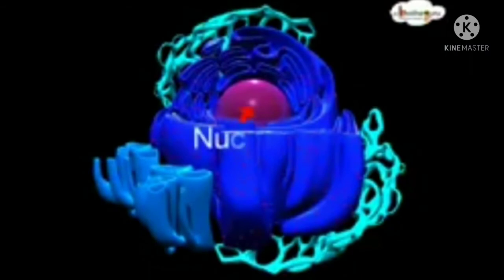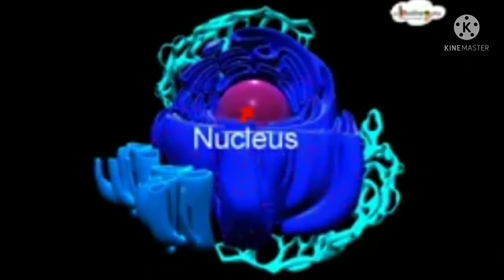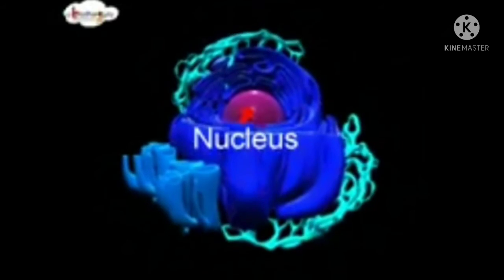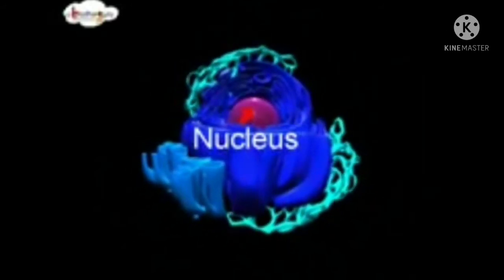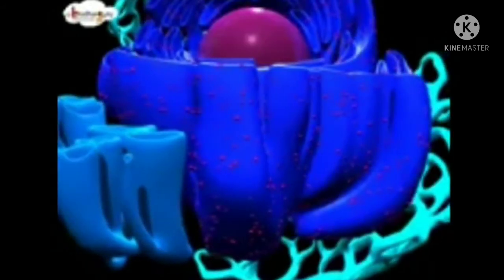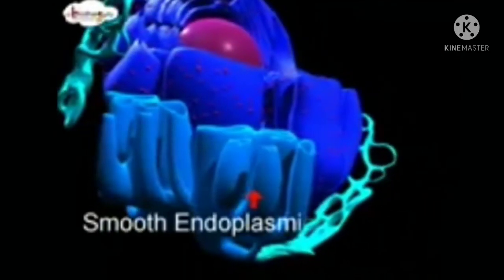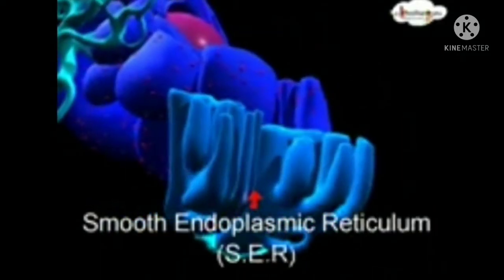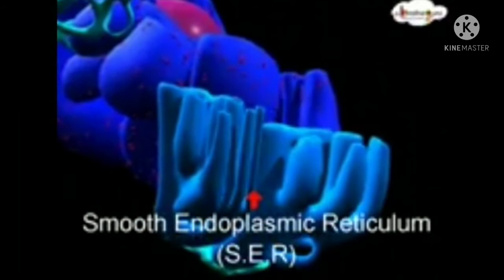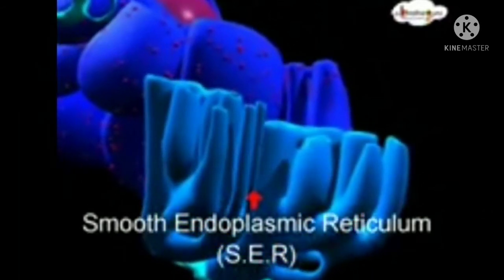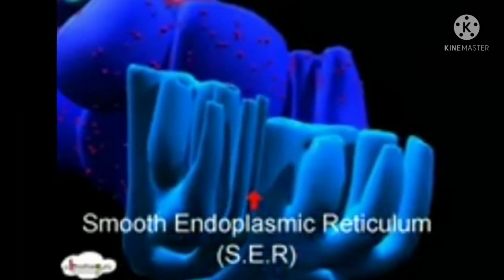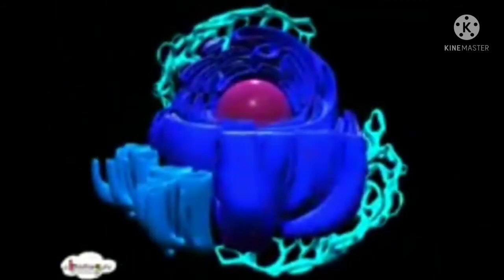The rough endoplasmic reticulum network is connected to the outer membrane of the nucleus. The smooth endoplasmic reticulum, in short SER, lacks ribosomes and functions in lipid manufacture and metabolism.